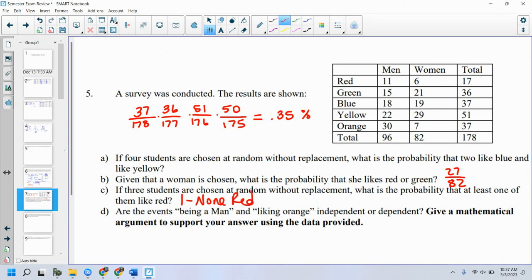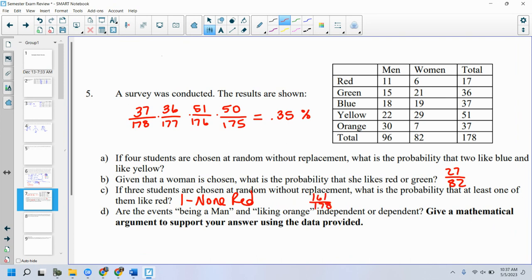What is none red? What's the probability of getting a person that does not like red? I don't care about men or women, right? So I've got to add up all these out of 178. What's that, 161? 161 out of 178.